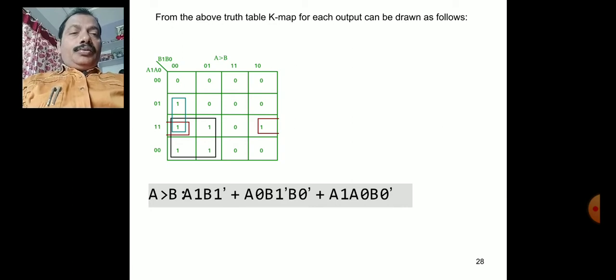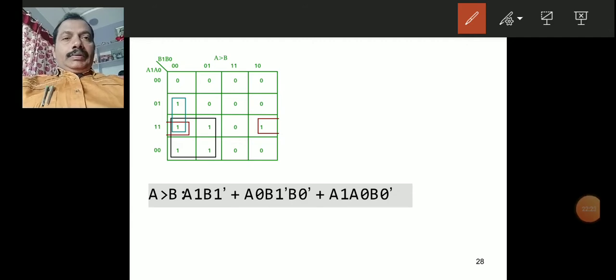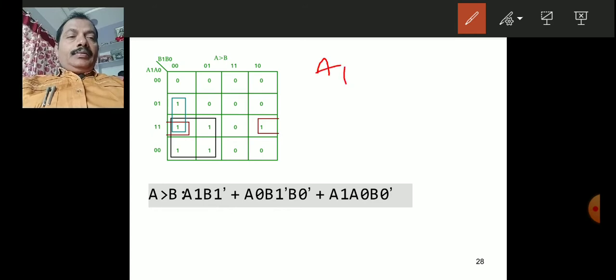From the above truth table, let us write the K-map for each output as follows, because we want to write the simplified expression of each output. You have to write the K-map like this: A1, A0, B1, B0.